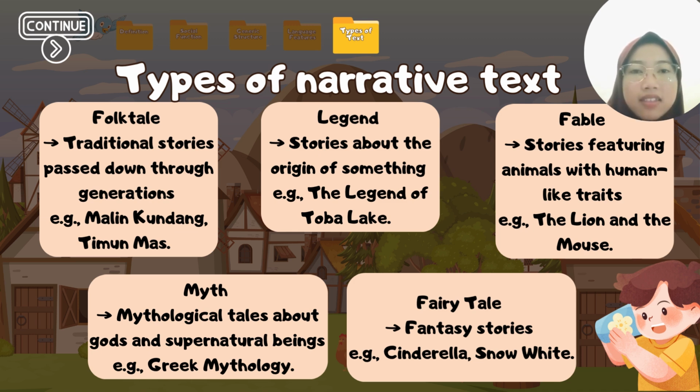And then the second is legend. Legend is similar to folktale and myth, but it is different. A legend is a story about the origin of something, such as the legend of Toba Lake, the legend of Tangkuban Perahu, and many other legends.